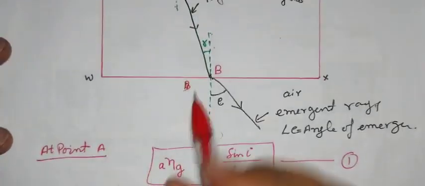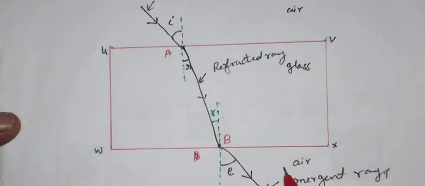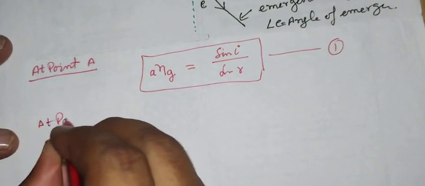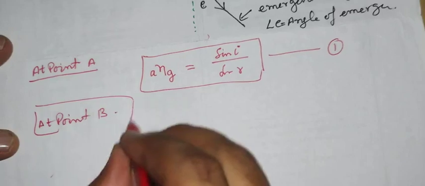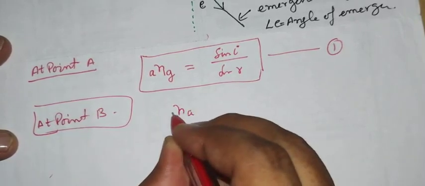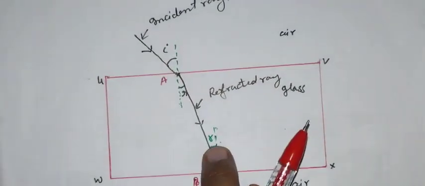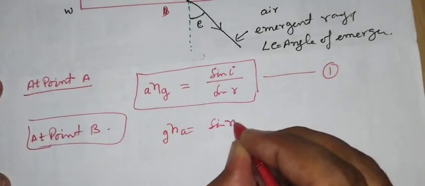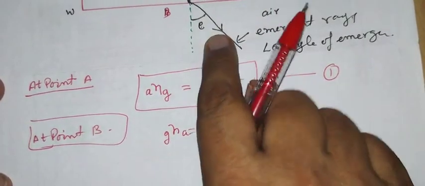Again at point B, when the ray of light passes from glass to air, the refractive index of air with respect to glass is, see, the angle of incidence is R, so sin R by sin E, where E is the angle of emergence.